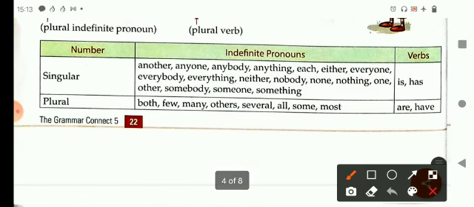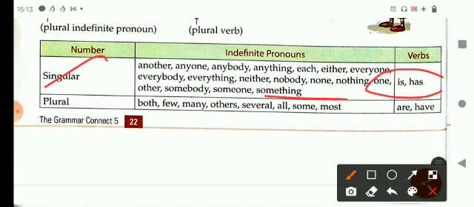Now let's read about the number in indefinite pronouns. In singular form, we have another, anyone, anybody, anything, each, either, everyone, everybody. All these are singular indefinite pronouns, and the verbs used with them are is and has.